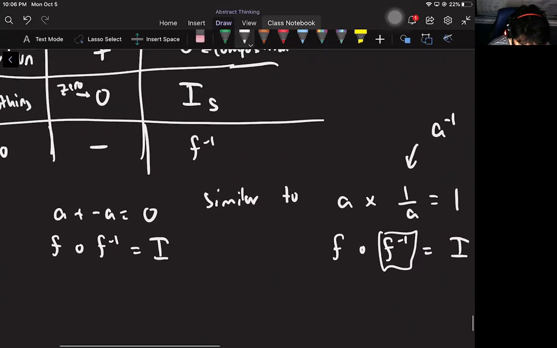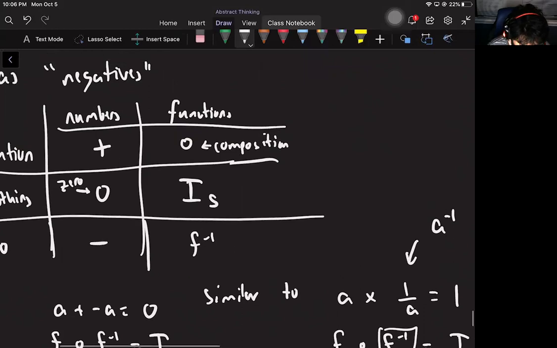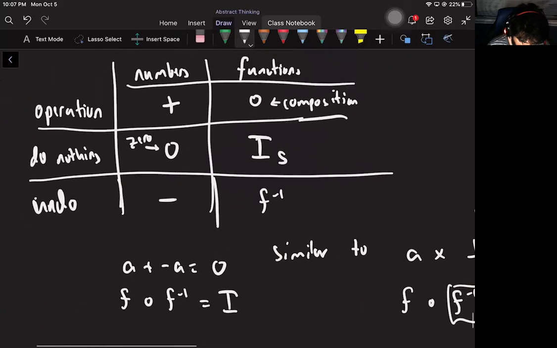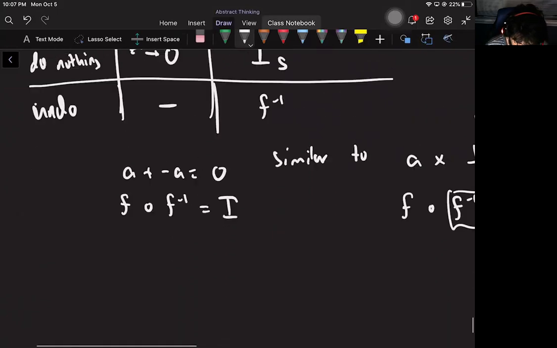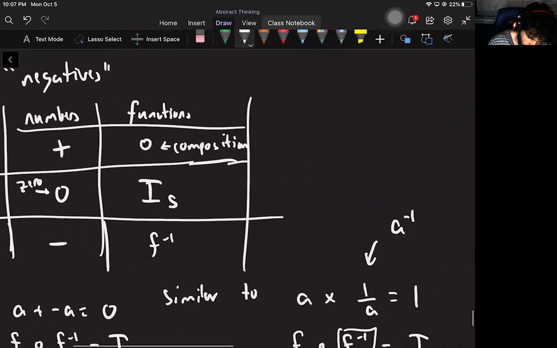So anyway, you should think of composition. You should compare it to other operations between numbers, and then you should think about what the thing that does nothing is for numbers. Then how do you undo the operation? You can also compare this to, I can't help myself, this wasn't even in the lecture, what about sets?